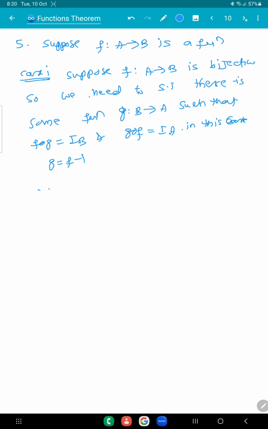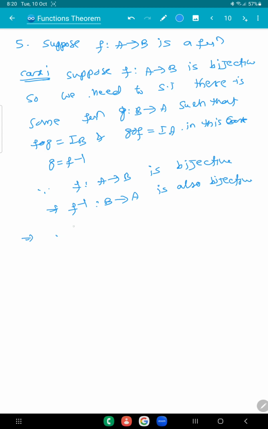This is a simple thing. Since F from A to B is bijective, the inverse exists and the inverse is also bijective. That implies that F inverse from B to A is also bijective. Since these two are bijective, their composition is also bijective.